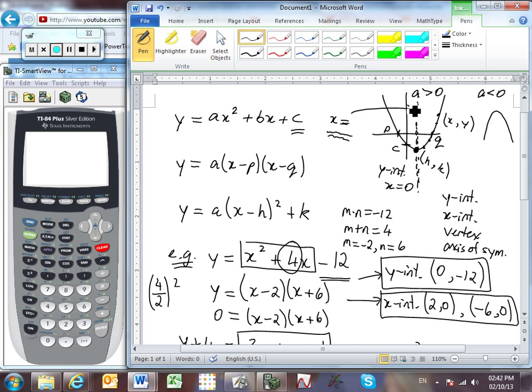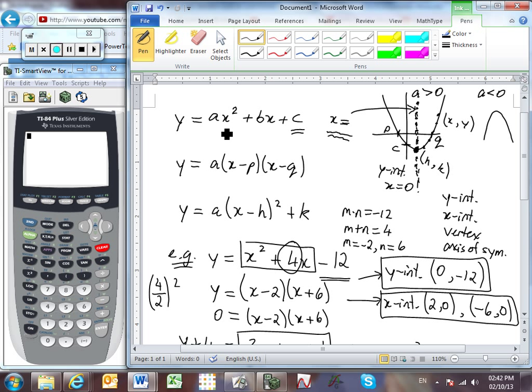X equals. We're saying that every single point on this vertical line has the exact same x coordinate. That's the rule. Y can be anything, but x is always fixed at this particular value. And that's what all of these points have in common. That's the relation described by the vertical line in this axis of symmetry equation.